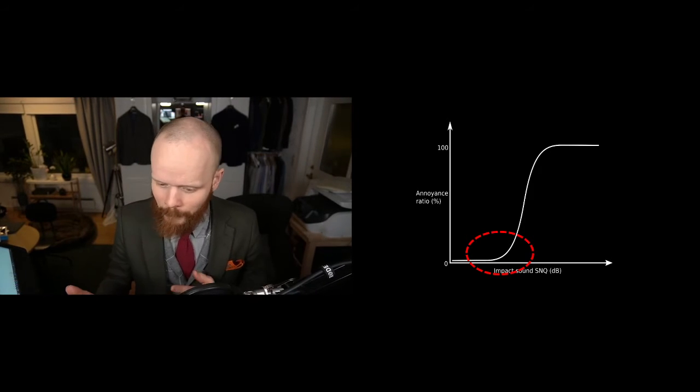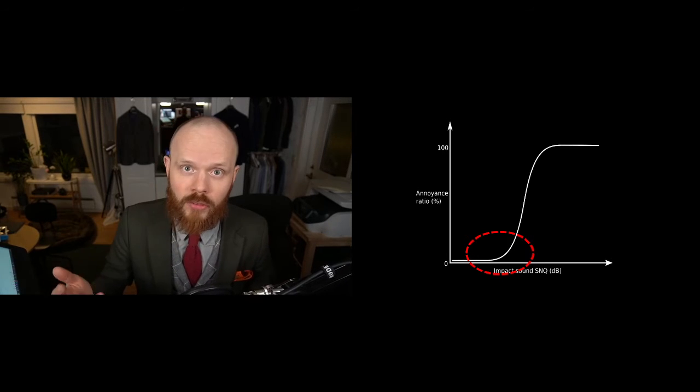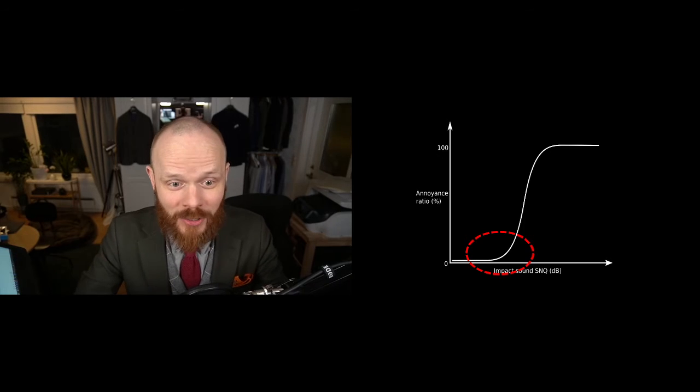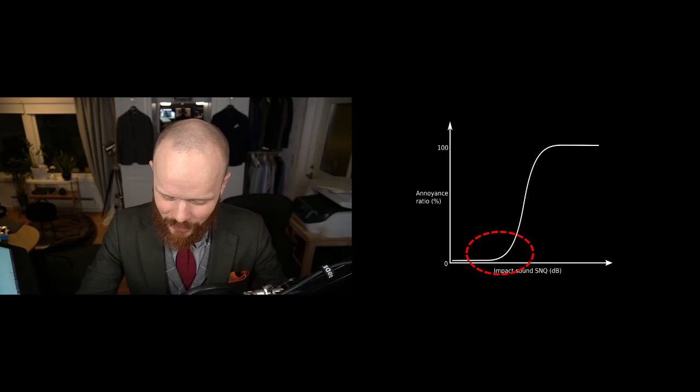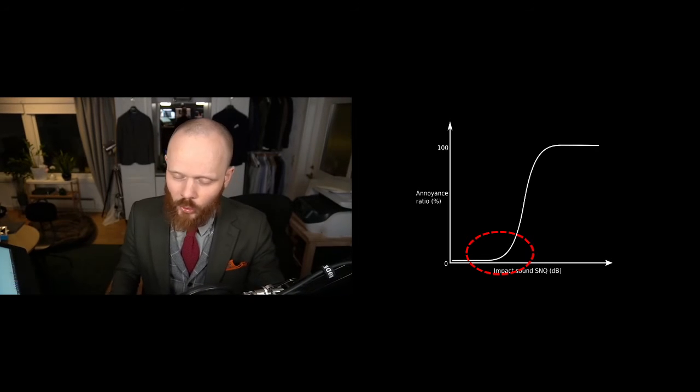Because this is a balance where we have to look at other parameters like health, social aspects, which is kind of what health is about here when we're talking acoustics. Economy, it's going to cost a fortune to get it better. It's always like this.